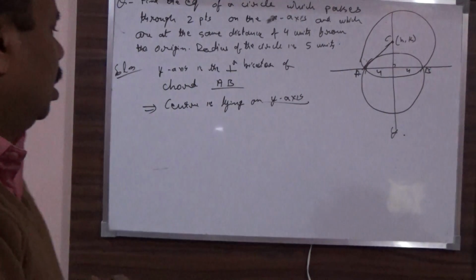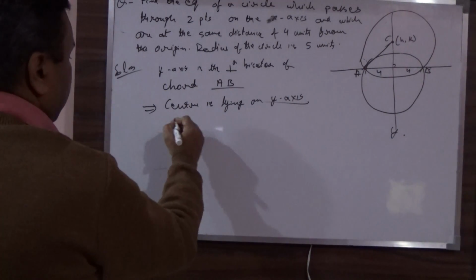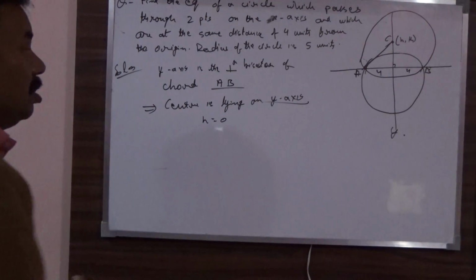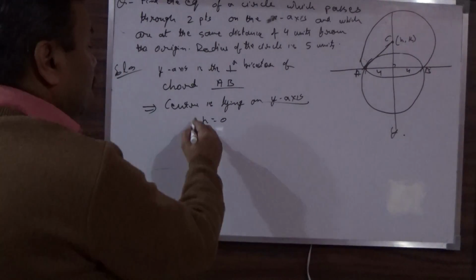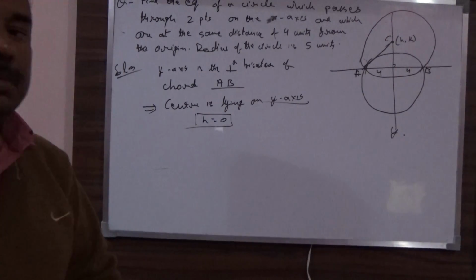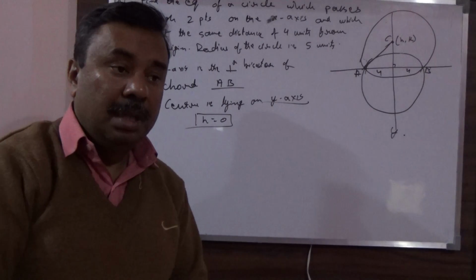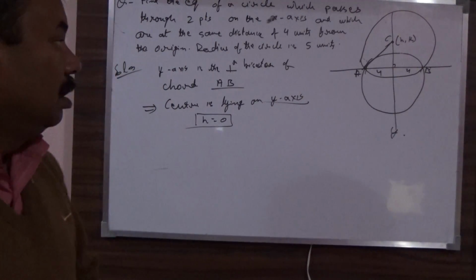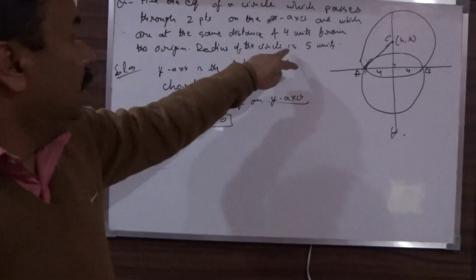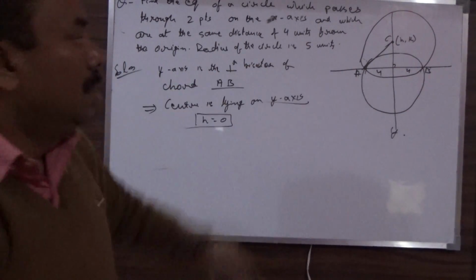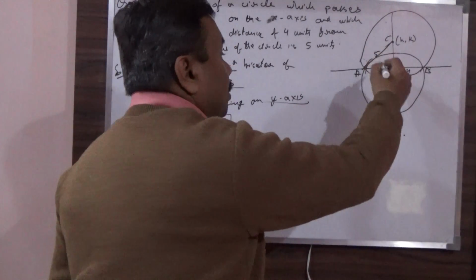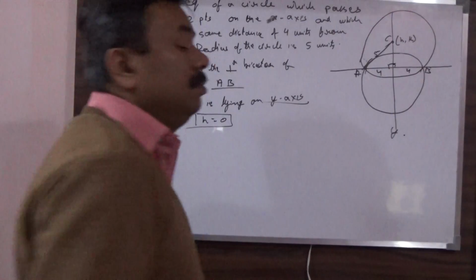Obviously, h is equal to 0 because it is on the y-axis. So I have got the x coordinate. How to find the y coordinate? It is given in the question that the radius is 5 units. So this distance will be 5. This is a 90 degree angle.